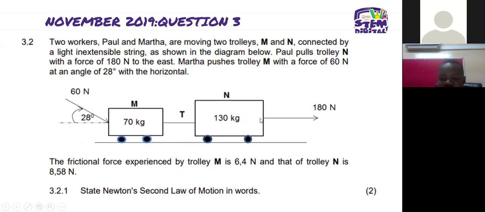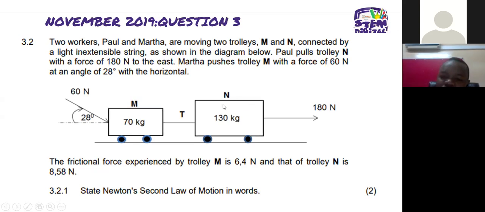If we apply this 180 newtons at an angle, this tells me that the normal force is going to decrease. Just know it like that, my dear learners. If you apply this force at an angle of 60 degrees upwards, then the normal force is going to decrease.